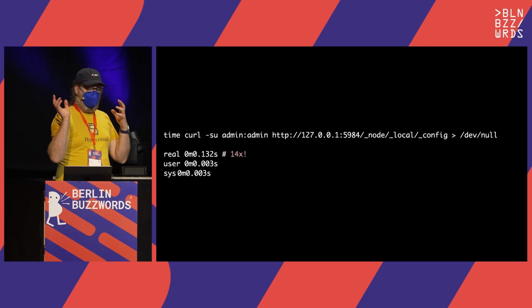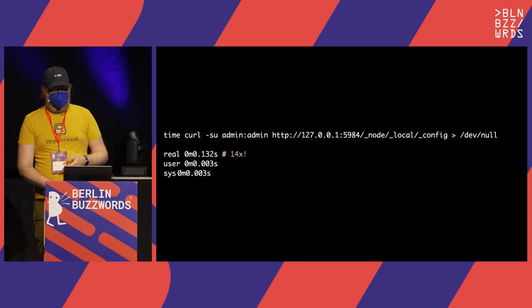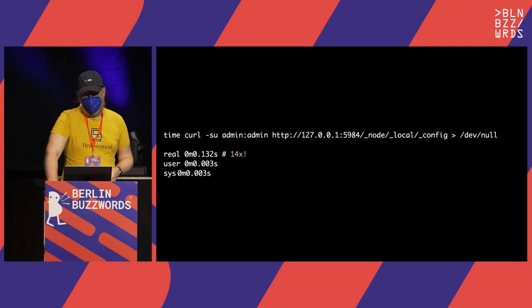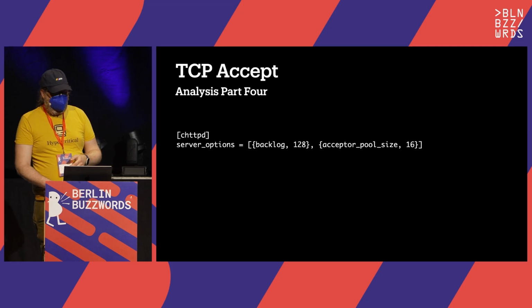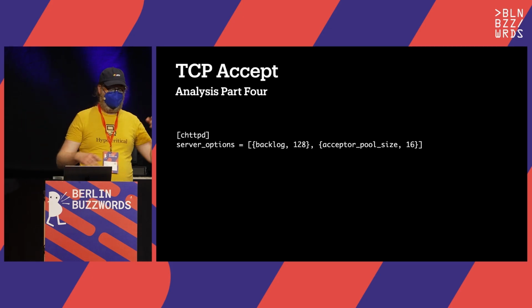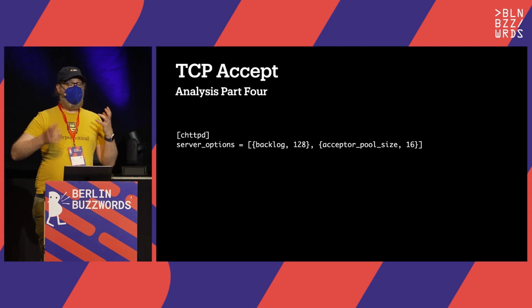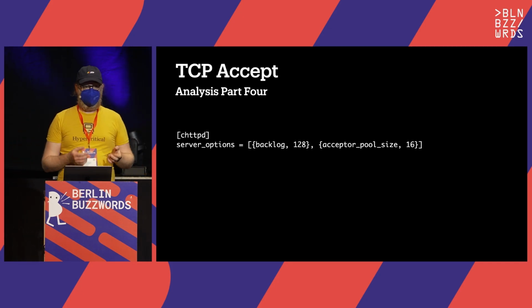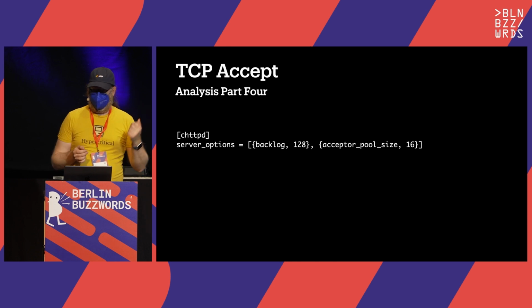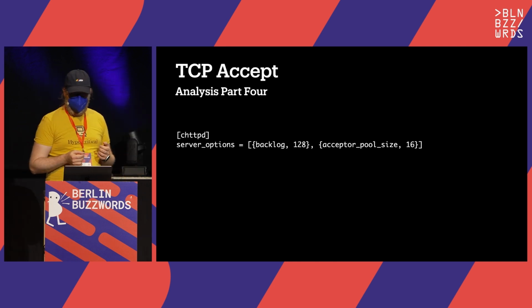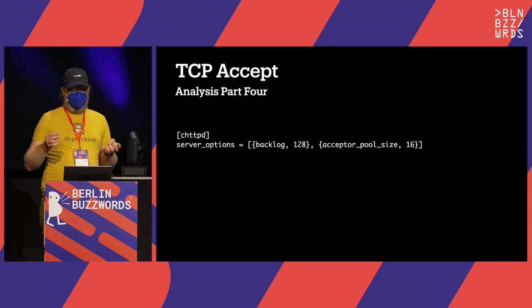To look at how we solve those, we have to dive even deeper into the networking stack. As we said earlier, CouchDB uses MochiWeb for TCP handling, and we had to look at the MochiWeb configuration for this. These are the CouchDB defaults, what the customer was also running at the time. There are 2 settings here.